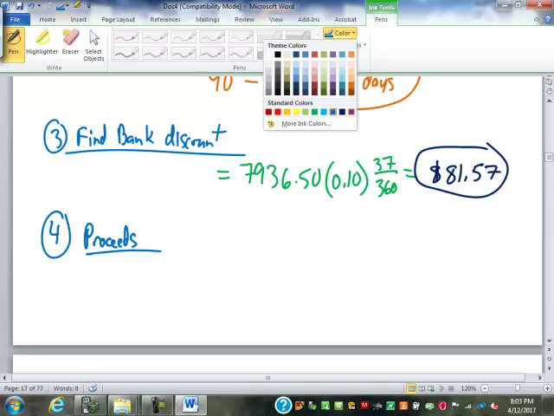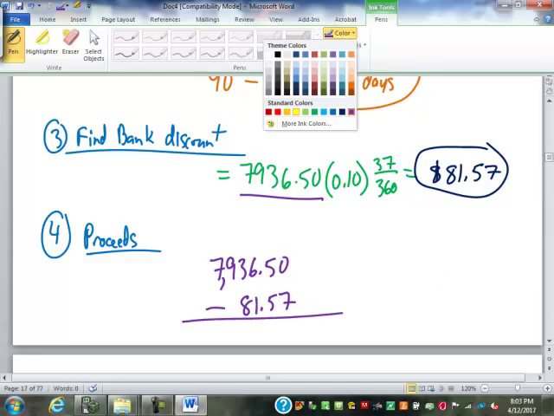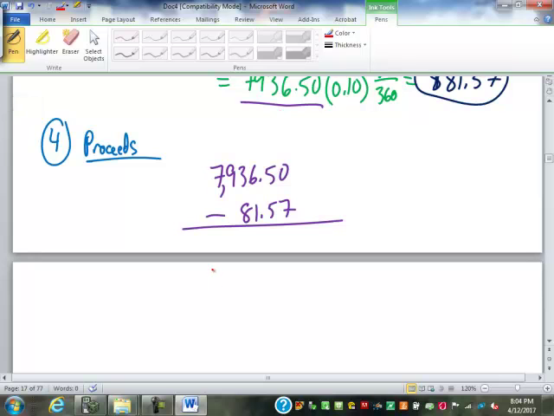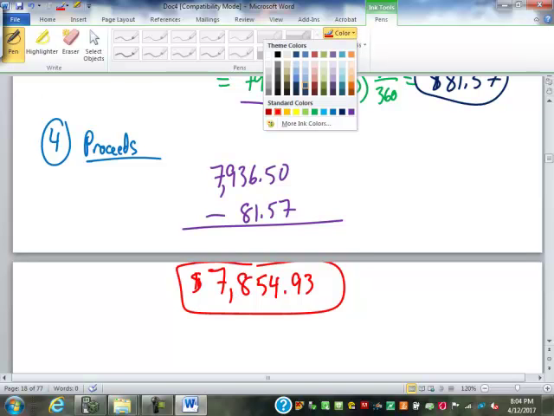So Al's proceeds are the $7,936.50 minus that discount of $81.57, which is going to be $7,854.93. Correct? Yep. How many of you got all the way there? I'm impressed. That's one of our best batting averages ever on the first example for those.